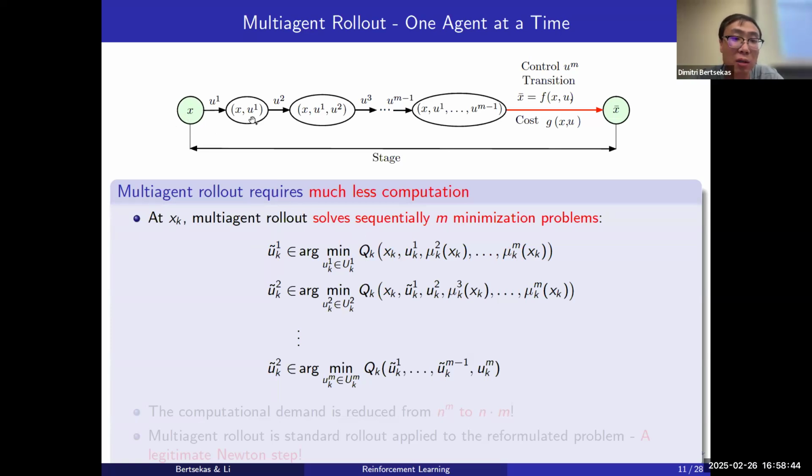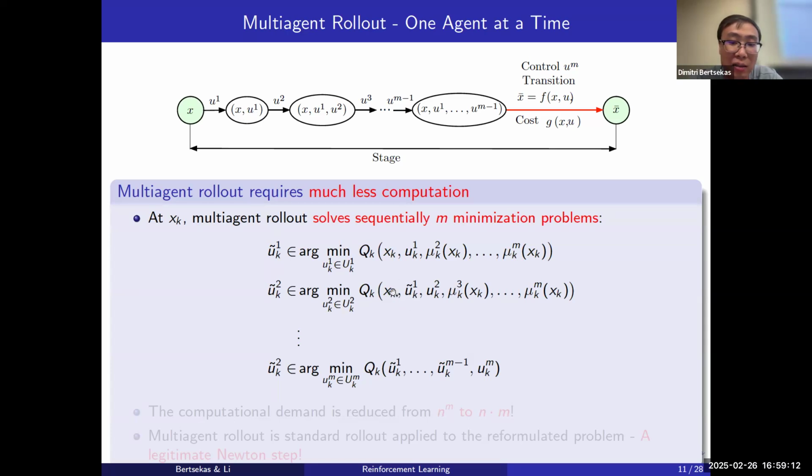That brings us from here to a state here. And then at this point, to select U2, what we do is we fix U1 at the one selected in the first step, because this is the state we get, right? So it's xk, uk1 tilde. This is the state.